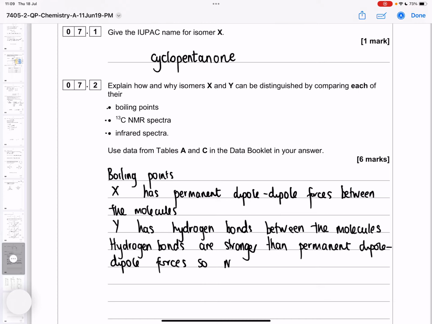So more energy is needed, and Y has a higher boiling point. Okay, so that's our first bullet point covered.